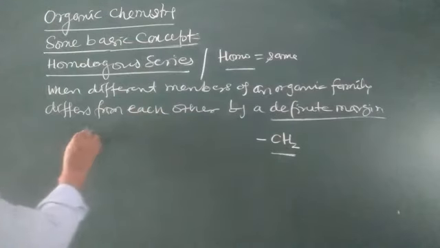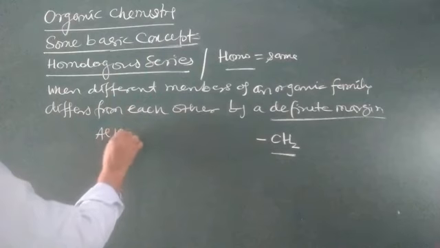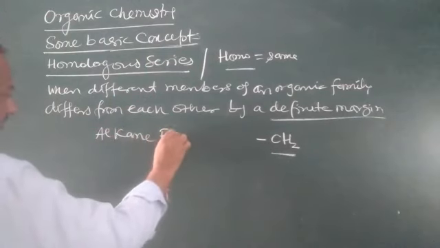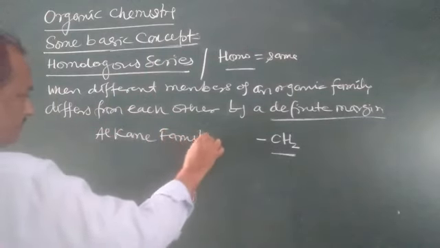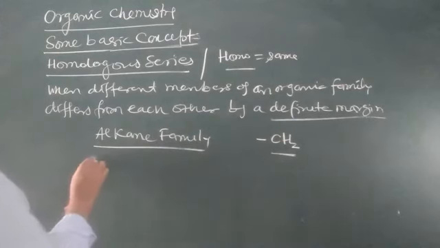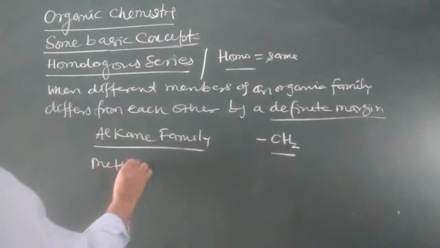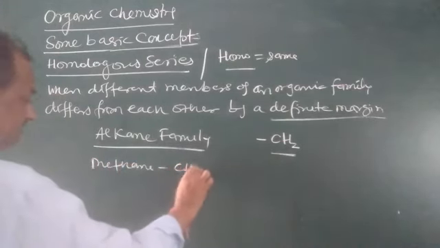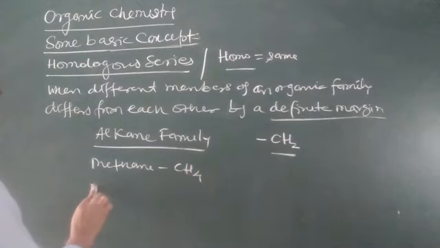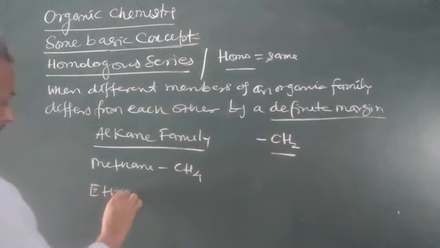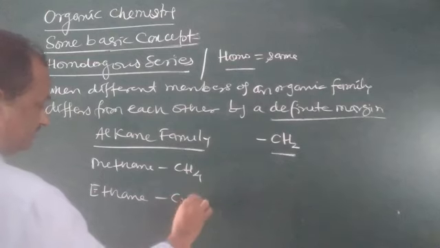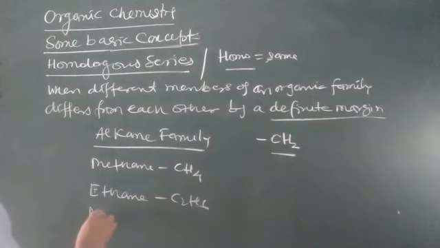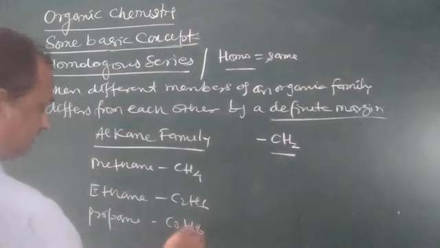So here, if I write the alkane family, simplest member, it is methane, CH4. Then second is ethane, C2H6. Third is propane, C3H8.